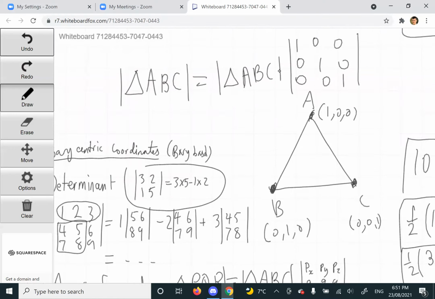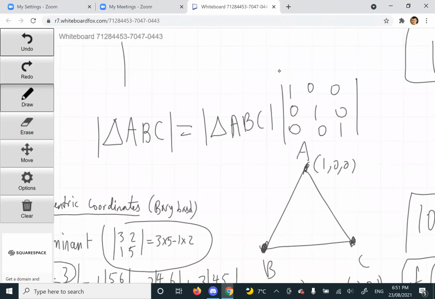Okay, can someone other than George tell me what this determinant value is? It should be obvious that for this formula to work, it has to be 1, right?